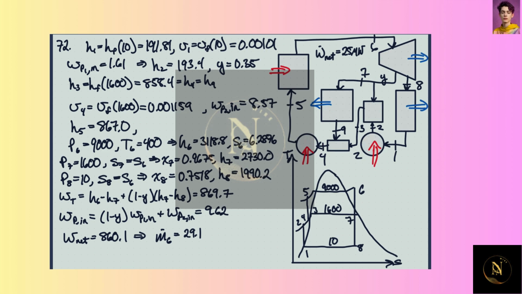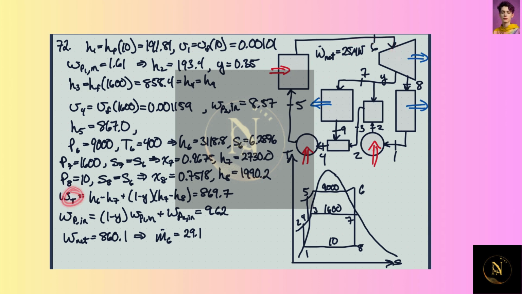All of the mass in the system is flowing through this pump, but only 35% of it is flowing through this pump. No, only 65% of it is flowing through this pump, so 1 minus Y. So we prorate this, and the specific work into these pumps in total is prorated by the mass flow rate at 6.